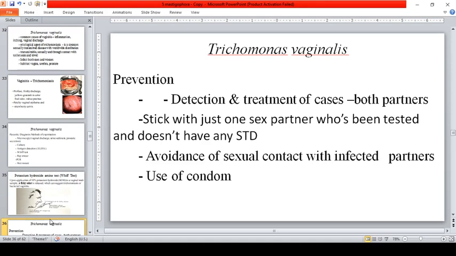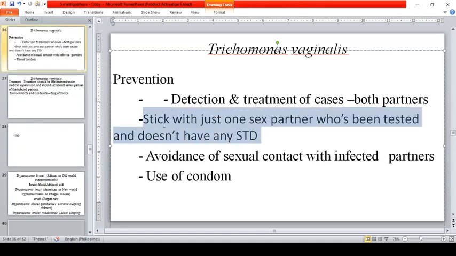Prevention: that is detection and treatment of cases for both partners. So guys, stick with just one sex partner who has been tested and doesn't have any STD. But of course, in our country, we don't do this. However, there were cases when I was still working wherein foreigners had their Filipina partners tested for STDs.